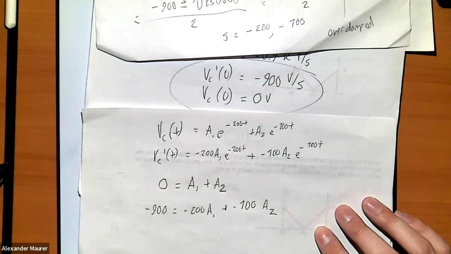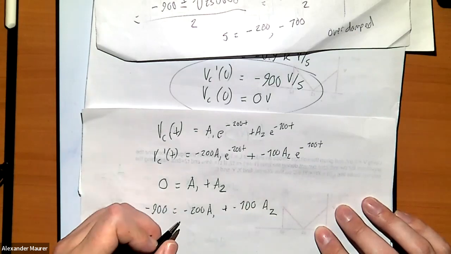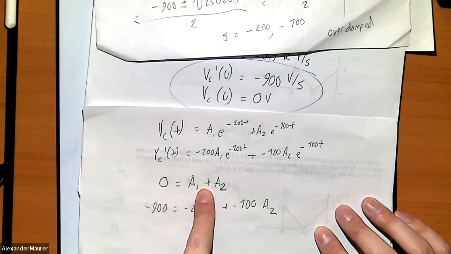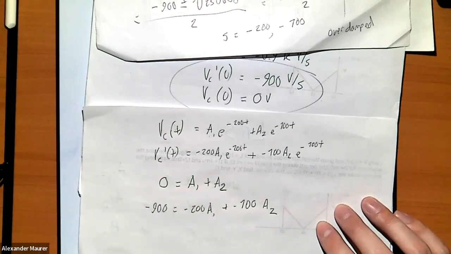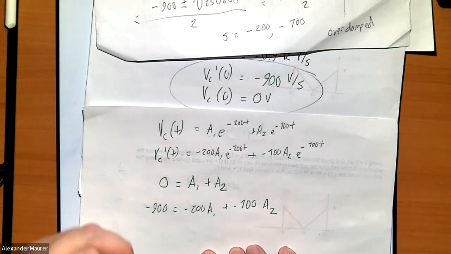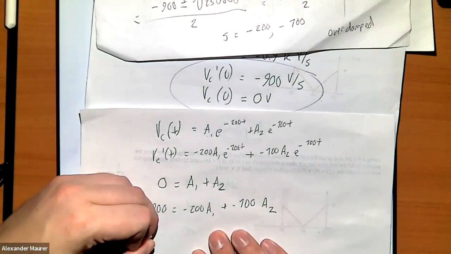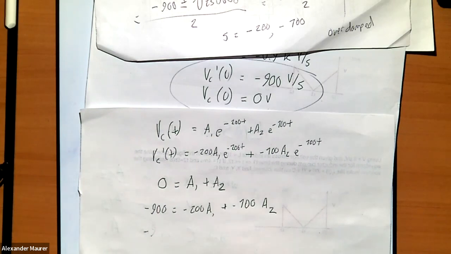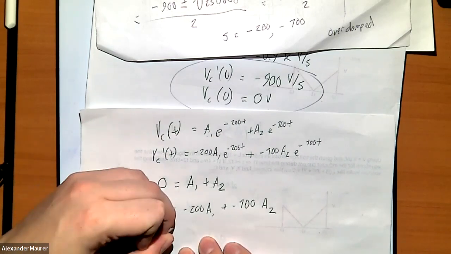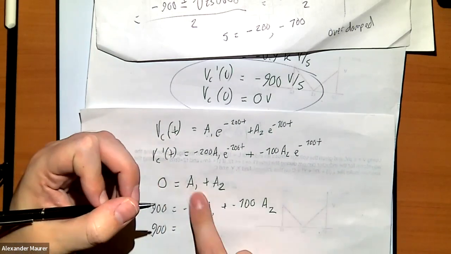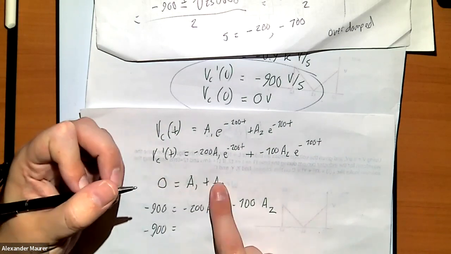Okay, so not a terrible system of equations at all. We'll take 200 times the first equation and add it to the second. So as a result, negative 900 equals... I cancel the A1 by adding 200 of the top equation.